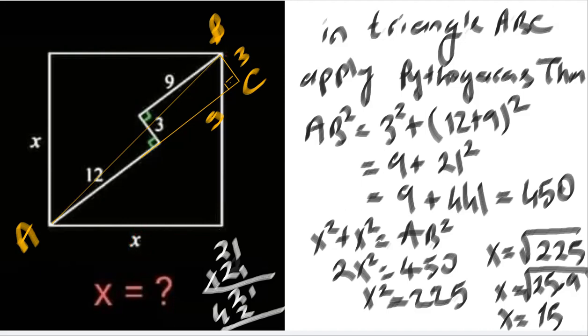So the relation between the side of a square and its diagonal is x squared plus x squared equals AB squared. So AB squared equals 2x squared, and we know what's AB squared, it's 450. So if we simplify these two, x squared will be 225, x comes square root of 225, which is 15.